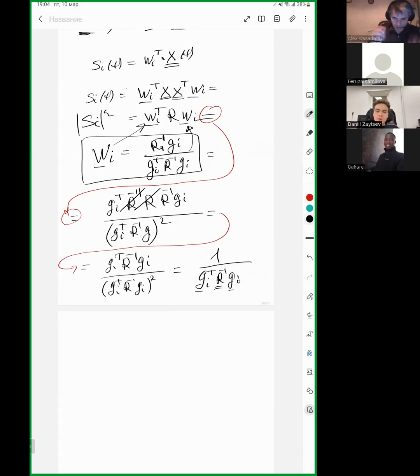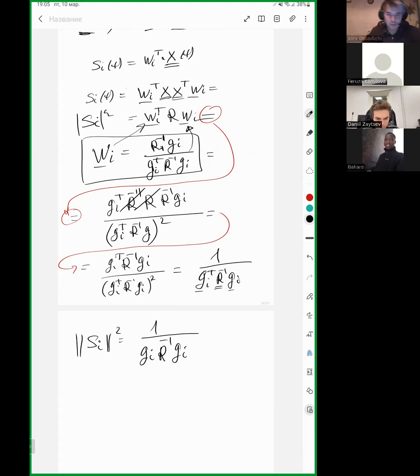See, it is as simple as this. So the power of the i-th source is equal to 1 over g_i estimated with the beamformer, R minus 1 g_i.